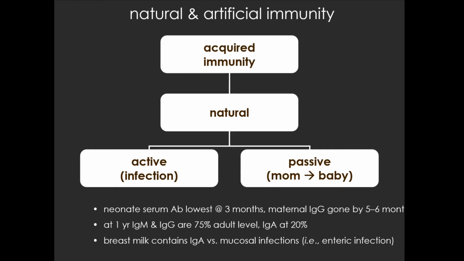And that might not seem very important, right? You might think, well, you're only talking about providing protection against gastrointestinal infection. But gastrointestinal infection is, first of all, very, very serious in young children because it quickly leads to dehydration and malnourishment. And secondly, because of the high incidence of gastrointestinal infection in children.